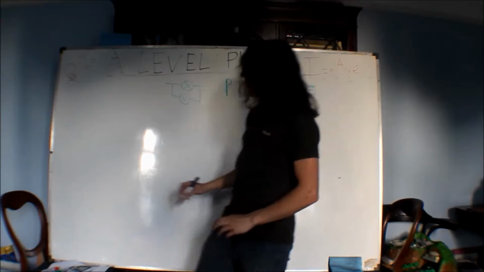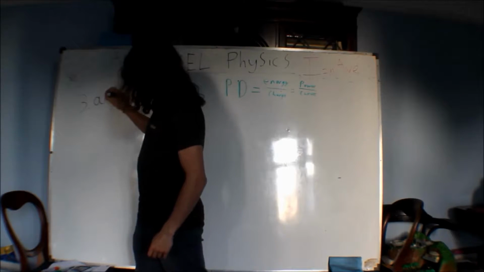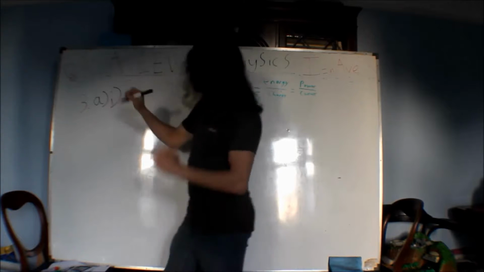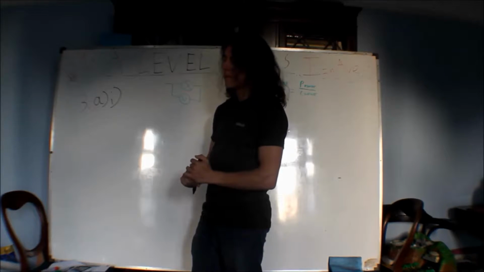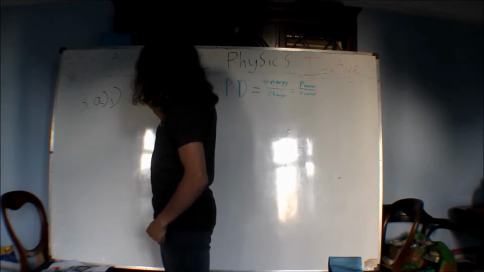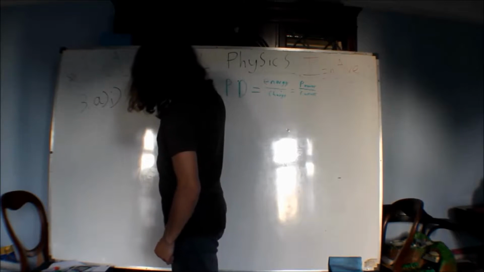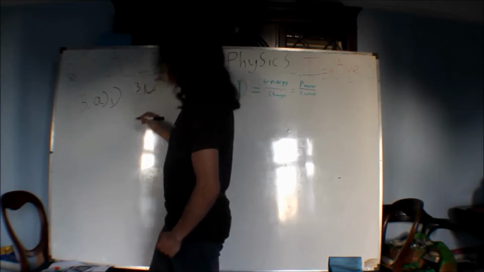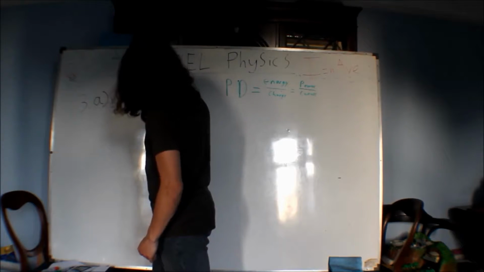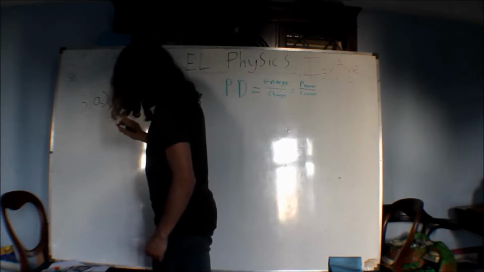We are doing question 3, part A, part 1. An electrical circuit in a small torch consists of a battery of EMF 3 volts. So you have something that's 3 volts. I'm going to draw a circuit for this. It's quite nice to draw out a circuit, which is where you need to know your symbols, for yourself as well as for the exam.